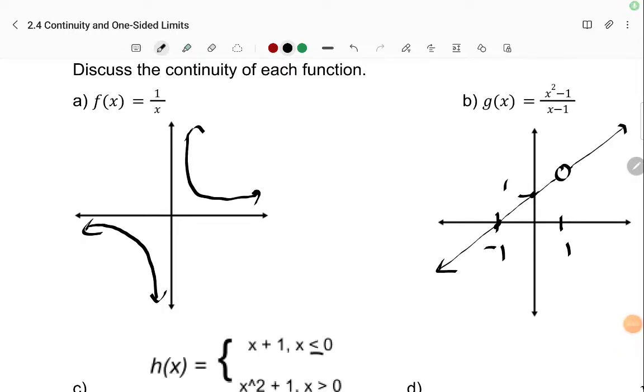So let's take a look at the first one here. 1 over x, I sketched the graph for us here, and you notice that it is broken. So right here there is a discontinuity, and that means it's a non-removable discontinuity because you can't remove it.